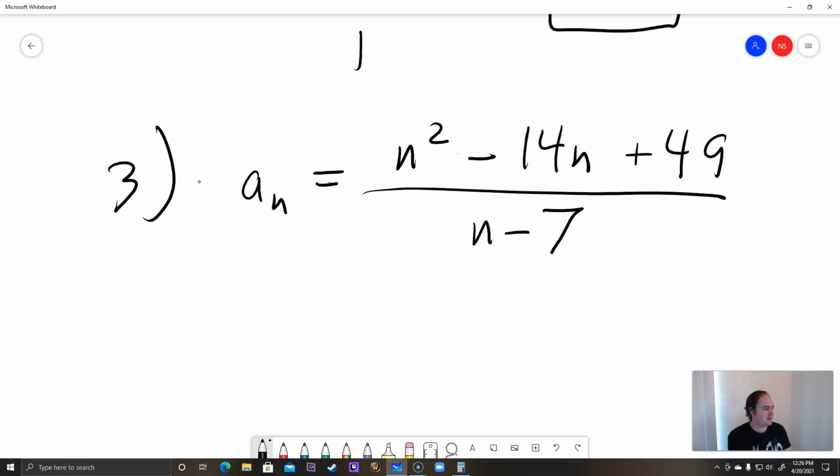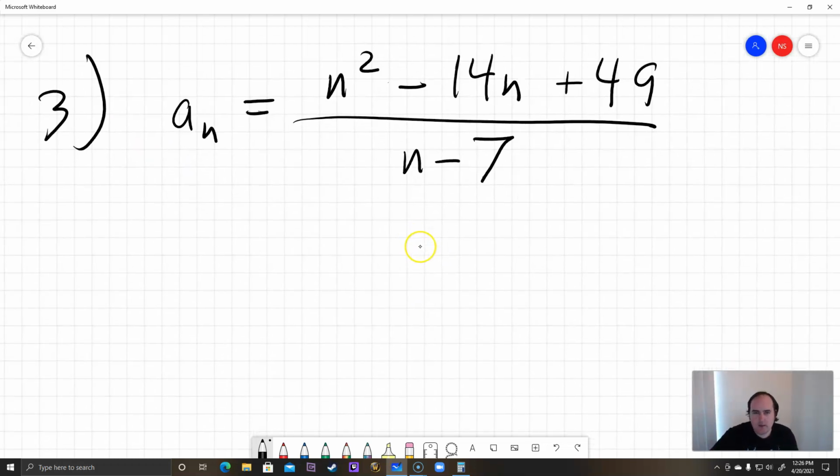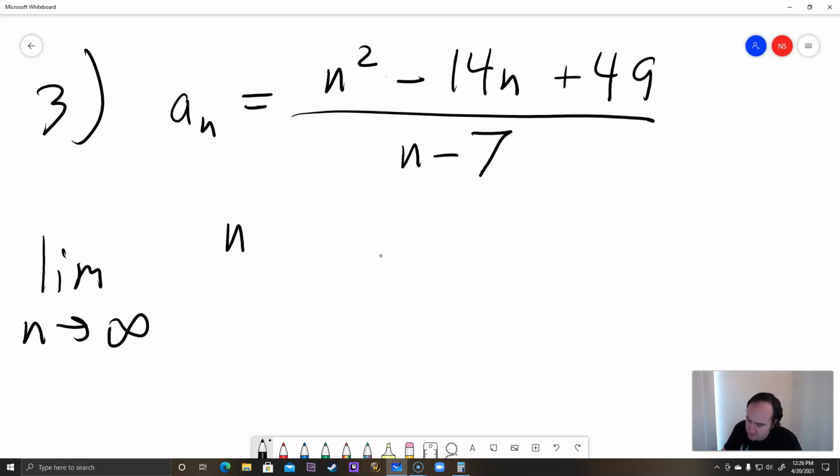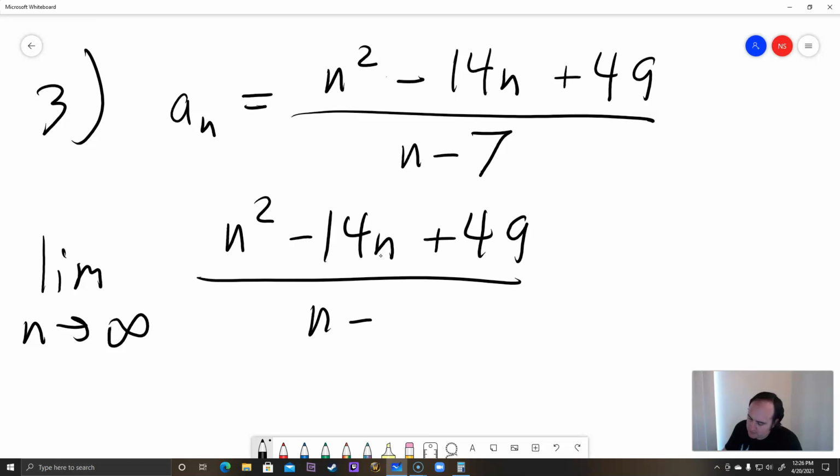And if you read what they say on My Math Lab, it's kind of strange the way they do it. So I'm going to show you my way, which is just way easier. What we've got to do here is find the limit as n goes to infinity of n squared minus 14n plus 49 all over n minus 7.